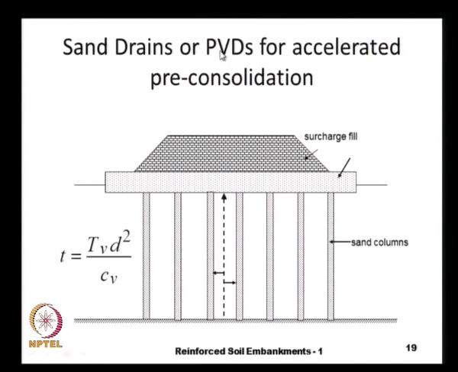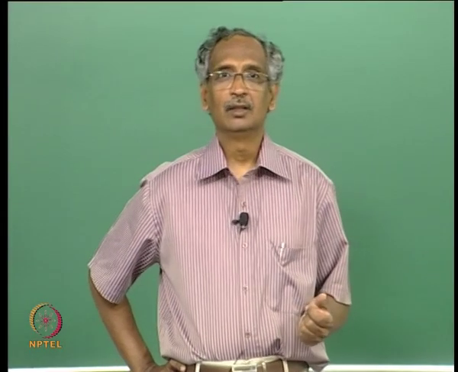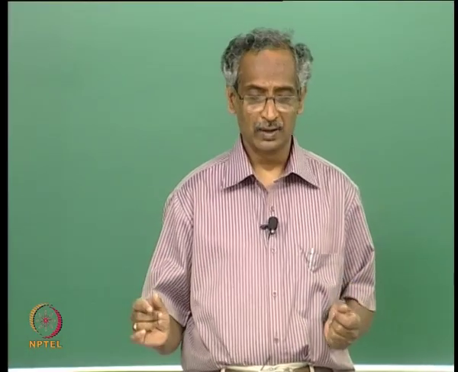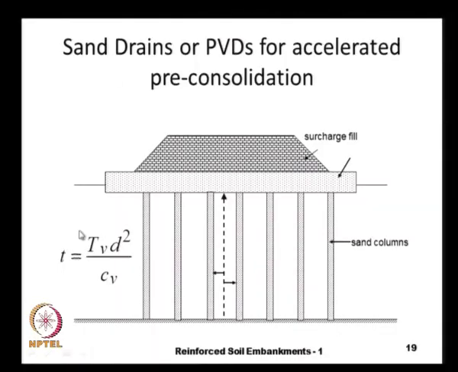But with the advent of geosynthetics, we started using prefabricated vertical drains, or PVDs. The principle used in accelerated consolidation is that we reduce the drainage path length, because we know that the time for consolidation t is related to Tv, the time factor related to the degree of consolidation, and the square of the drainage path length divided by cv.